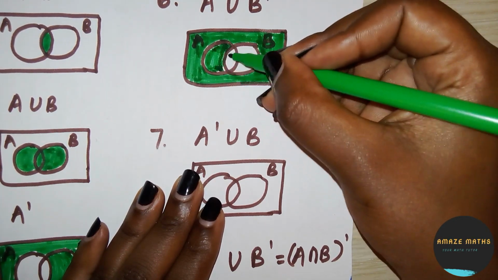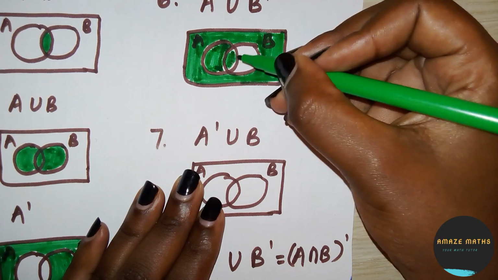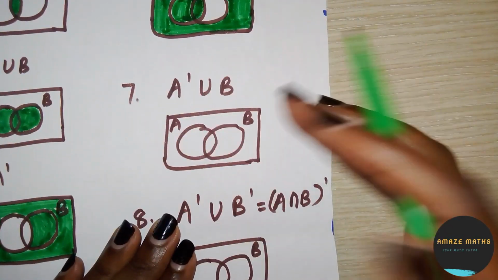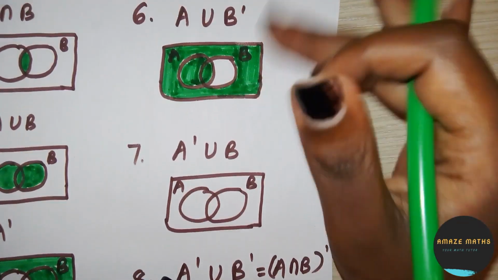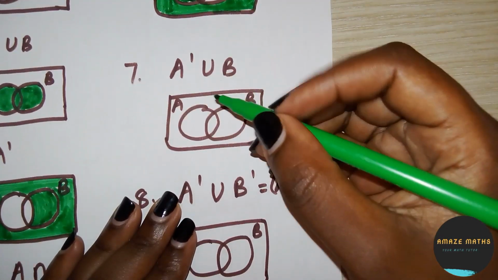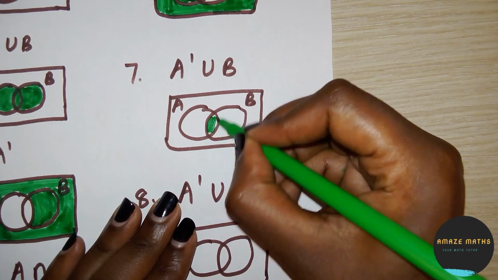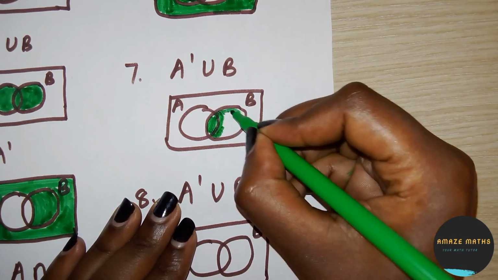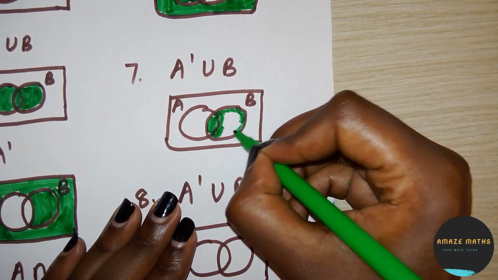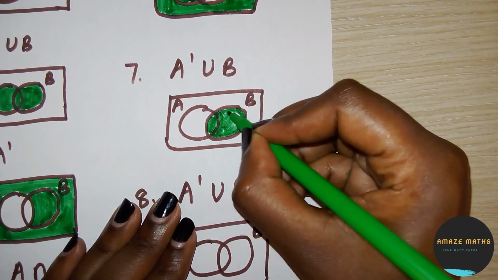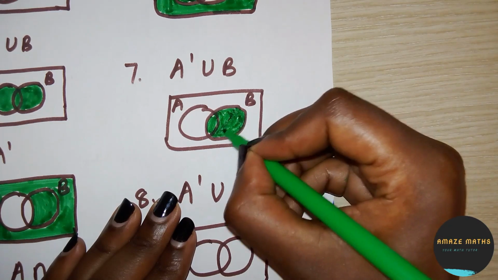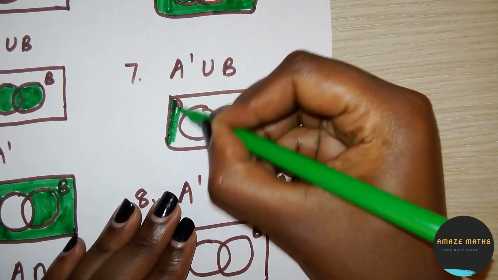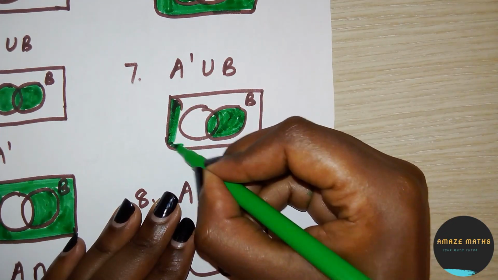Remember, it's union, so even this region is included. Okay, the next one, now this one will be the same as this, but now opposite. We're gonna shade out B. And because it's union, shade out that region.